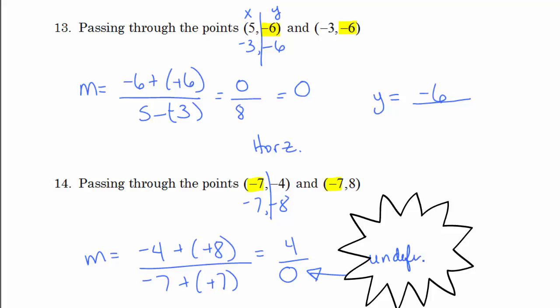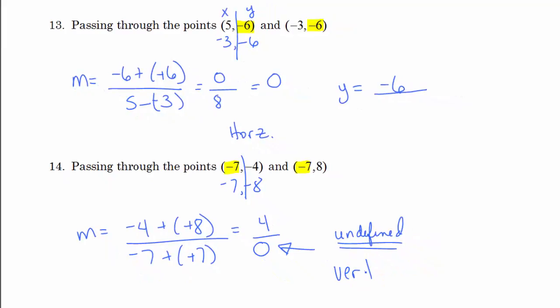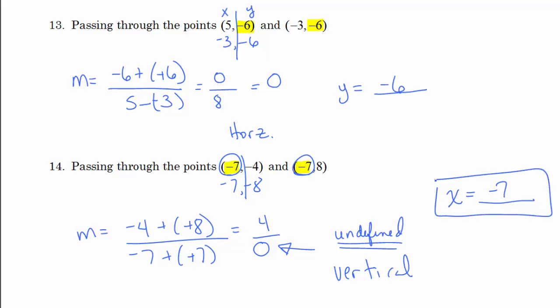That is undefined. So what kind of line has an undefined slope? Vertical. And all vertical lines are x equals. And what does x equal to? -7.